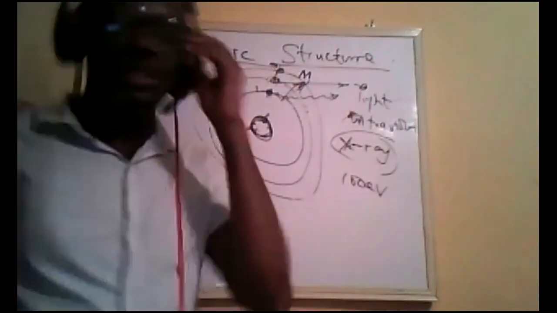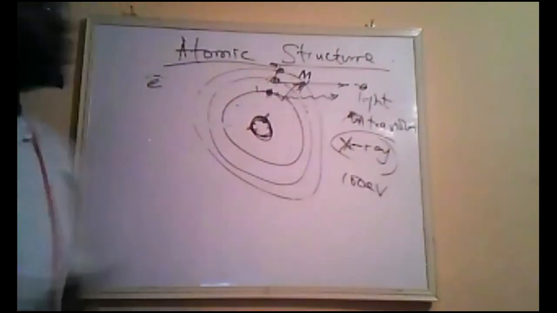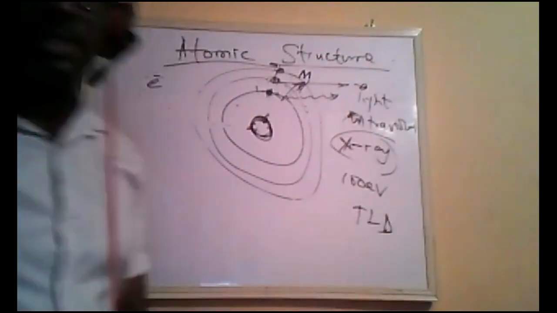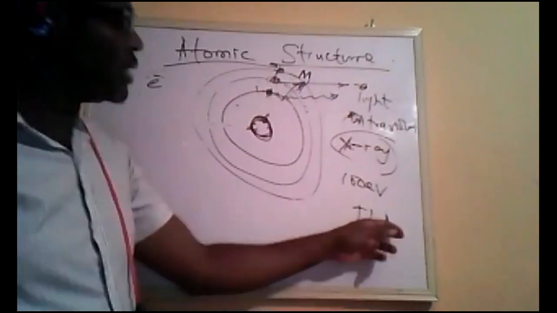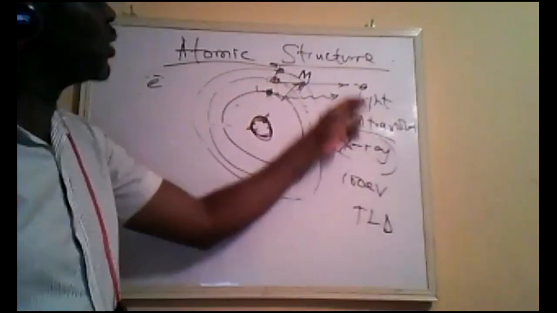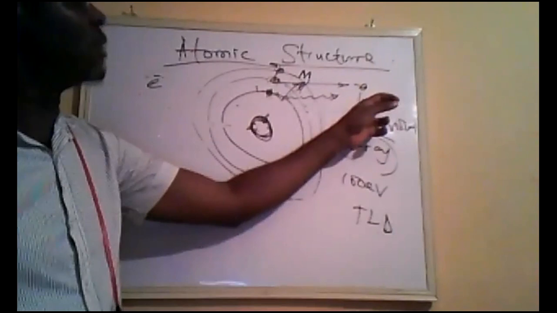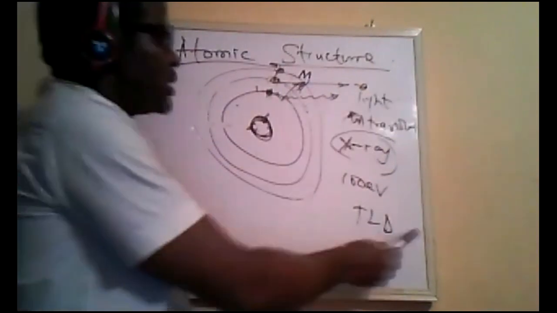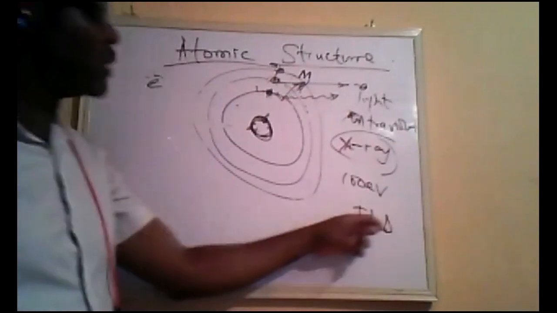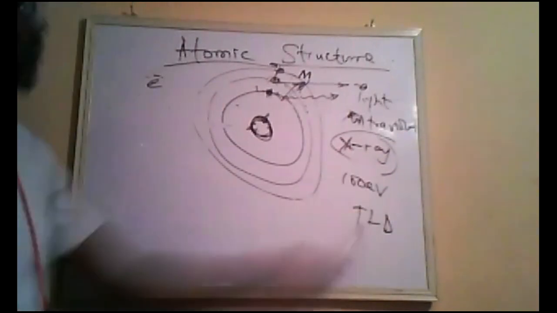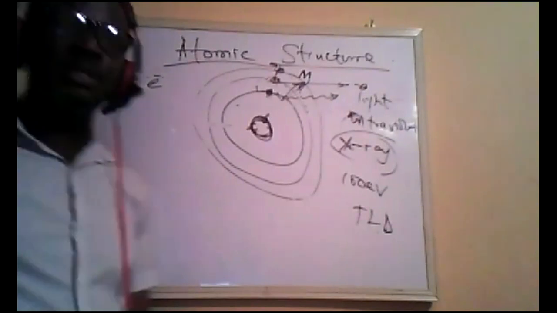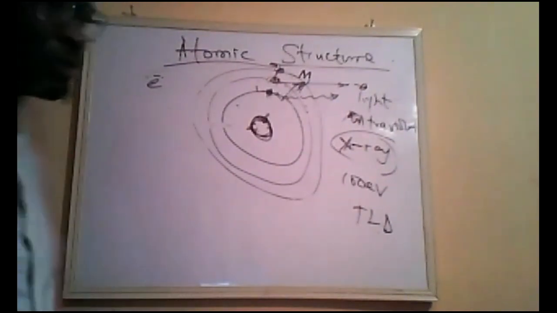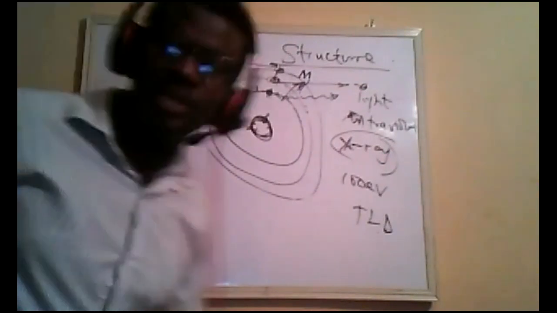For example, in a TLD, a thermoluminescent dosimeter, which we wear in our centers, this one is based on light emission. The emission of light when a particular atom has been heated or elevated by means of heat energy.